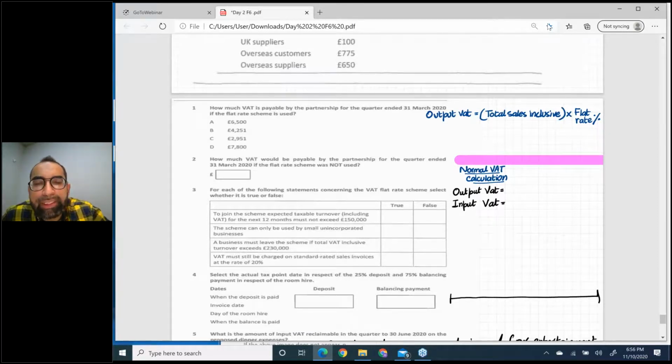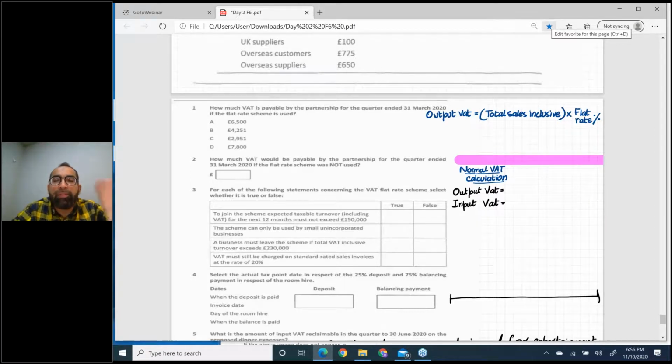One is bad news and the other one is good news. The bad news is that you cannot claim any input VAT, so forget about input VAT, forget about expenses. But the good news is that you have to pay output VAT on a reduced rate.